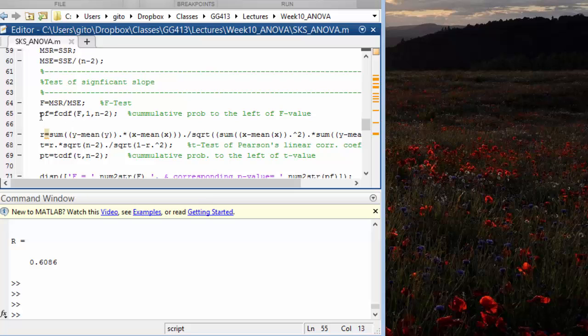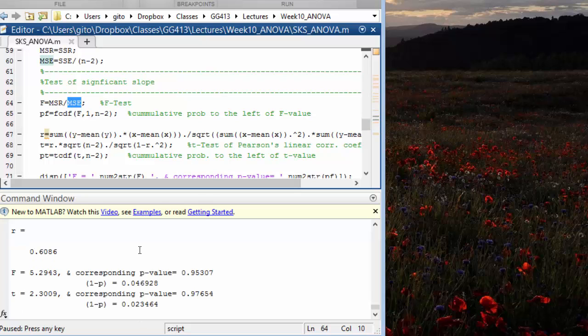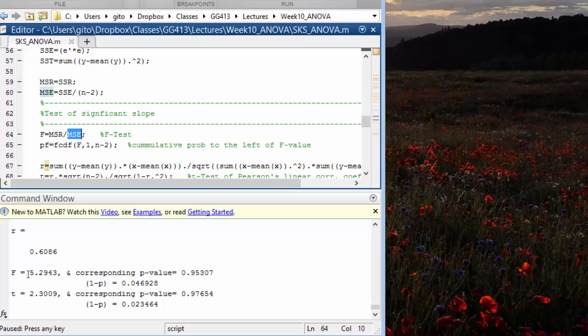And I'm going to compute the cumulative probability of F with the degrees of freedom of 1, so that's the numerator degrees of freedom, and n minus 2, which is the number of degrees of freedom associated with the misfit. And let's go ahead and run this. So I find that my value of F is 5.3, and it has a p-value of 95.3%, or we're in the far right-hand tail of the F distribution.